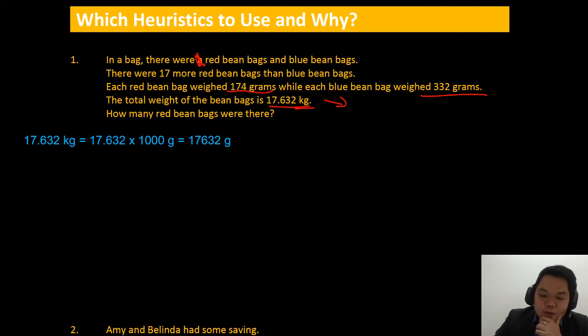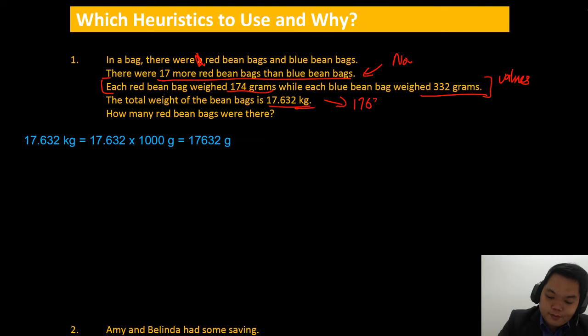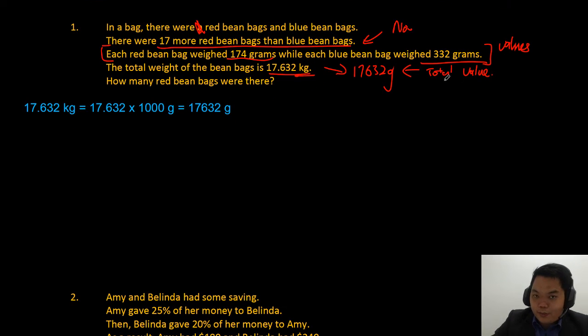Now, you can see that over here, you have 17 more red bean bags than blue bean bags. This refers to your number of items. Then this refers to the values of your items. And of course, this refers to your total value. When you have all these three items out, you can use number times value equals total value, or you can also use grouping to deal with this.